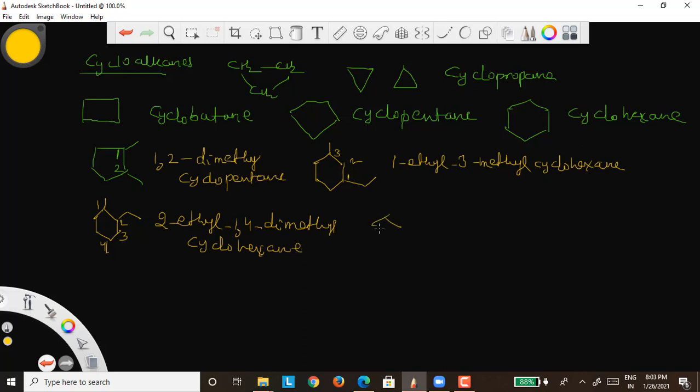So now suppose we keep like this. Here one ethyl group, and here you take two methyl groups. Then here two methyl are there. So you can number 1, 2, 3. The two methyl groups should be given priority, so it should get the lowest number 1. 1, 2, 3.